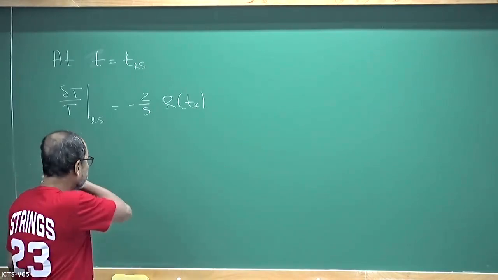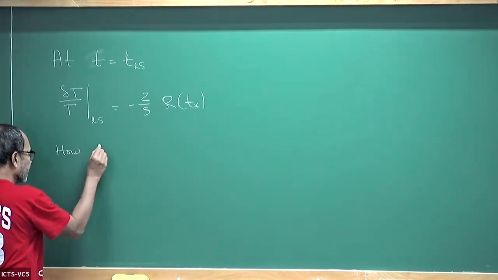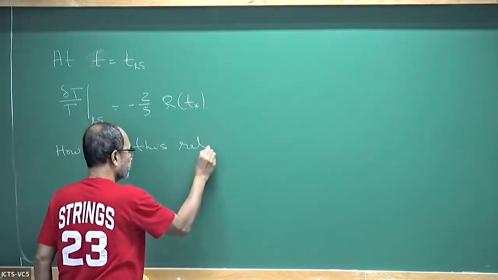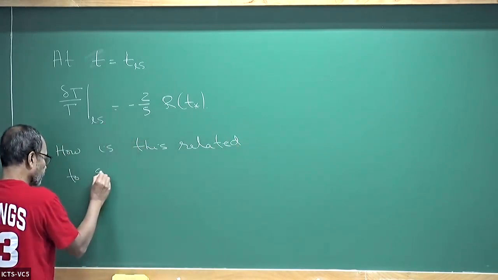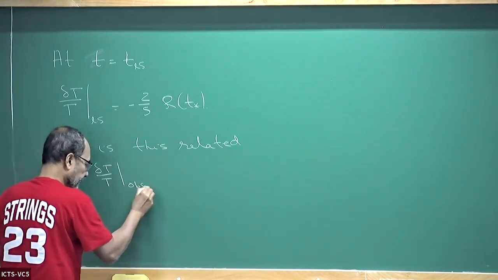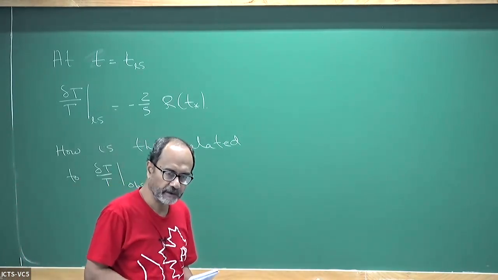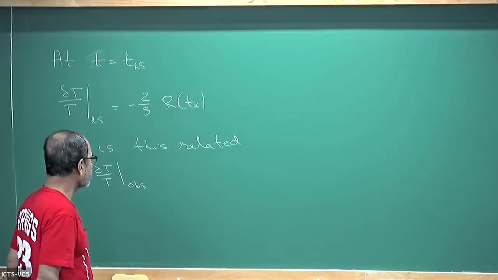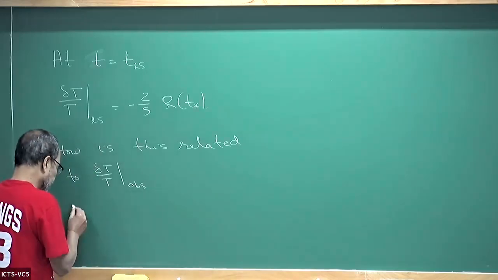So the first thing we'll try to study today is how this is related to delta T over T observed, because that's what we really want to compare with, because this is what we measured. And we'll do this by making some simplified assumption.